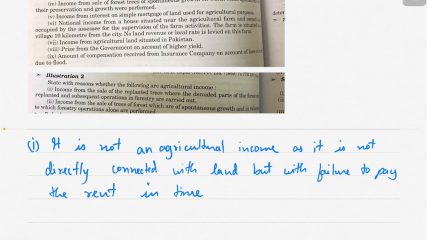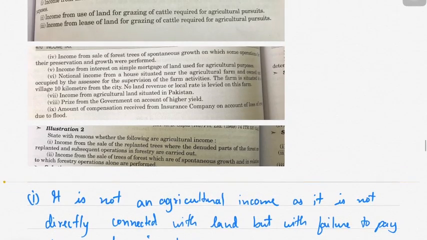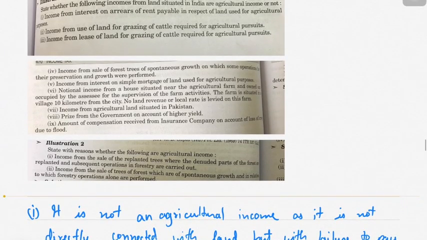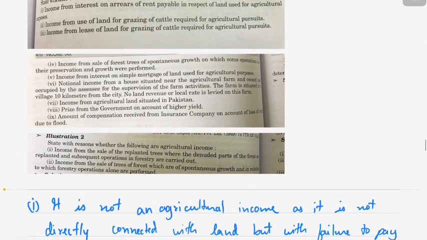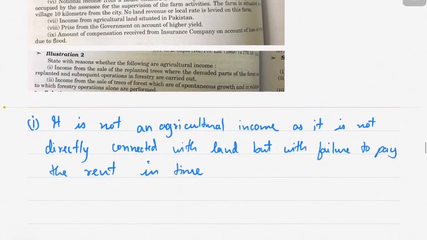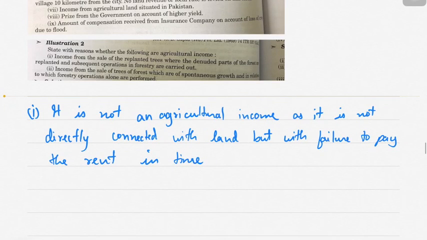Okay. Second point, income from use of land for grazing of cattle required for agricultural purpose. It is an agricultural income as it is an agricultural activity.